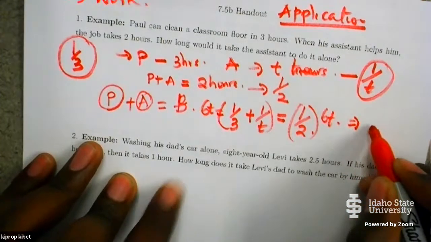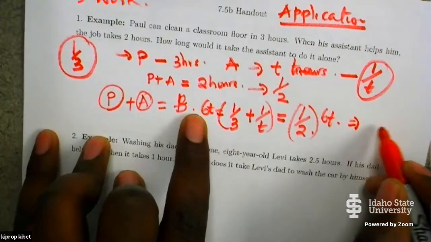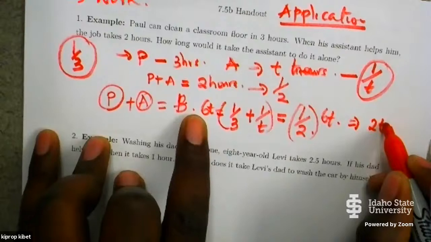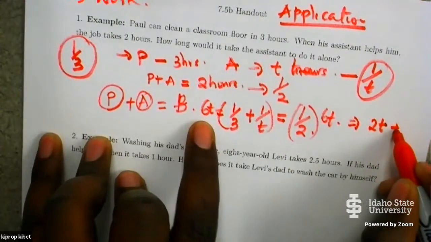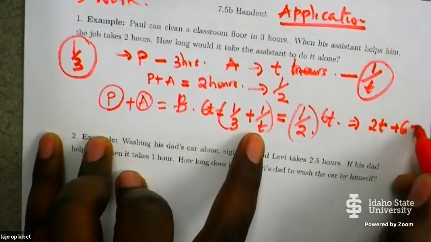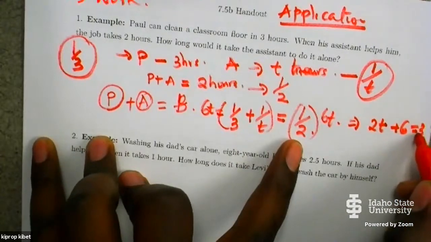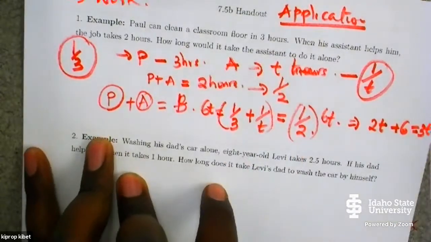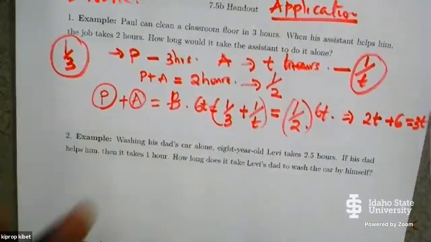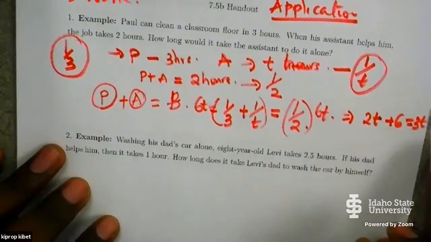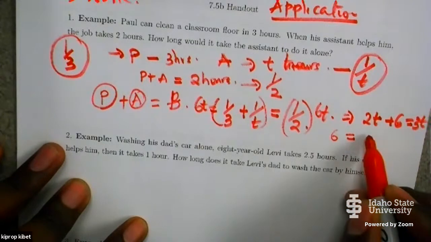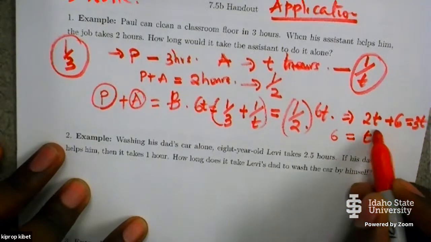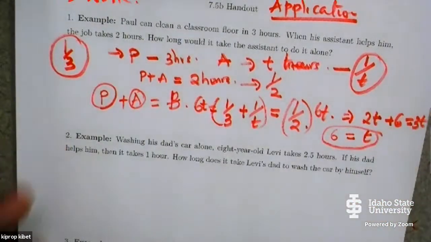When you cross-multiply, you get 2t, plus 6, equal to 3t. Then we can take the 2t to the other side, so you remain with 6 equals 3t minus 2t, which is t.